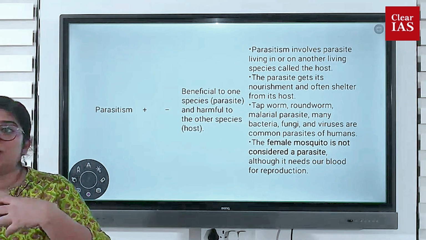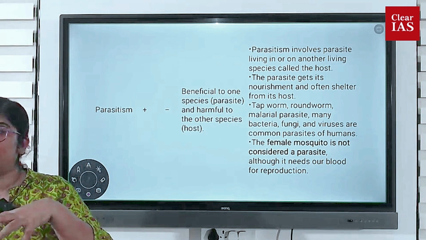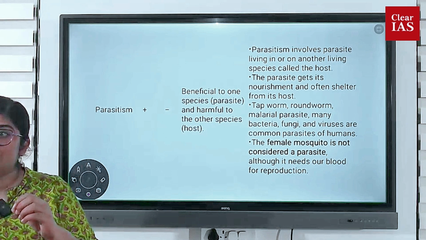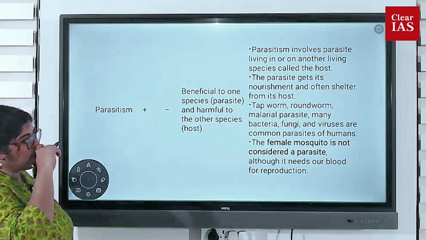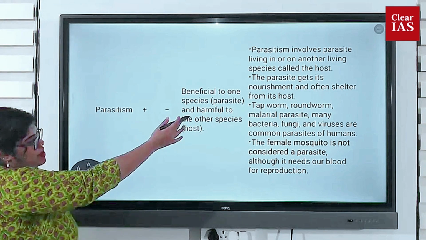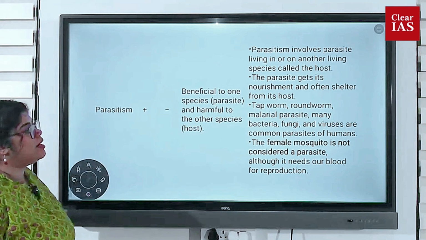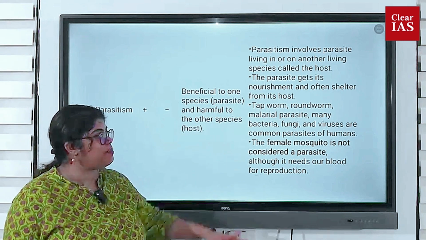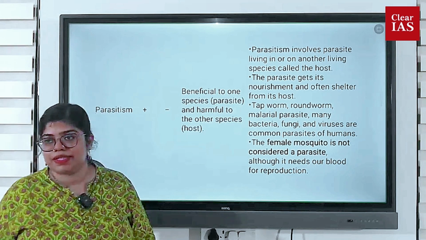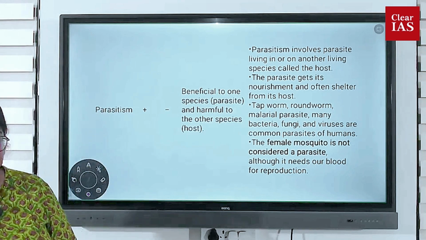Right? It is using the body fluids, whatever is available in the body. At the same time, the cow is getting affected because of that. So that is parasitism. The parasite is getting benefited, the other is getting harmed. Tapeworm, roundworm, fungi, bacteria, these are all examples. Clear? That is parasitism.